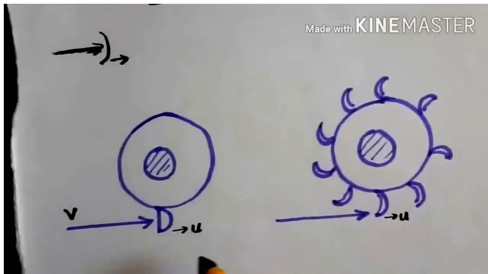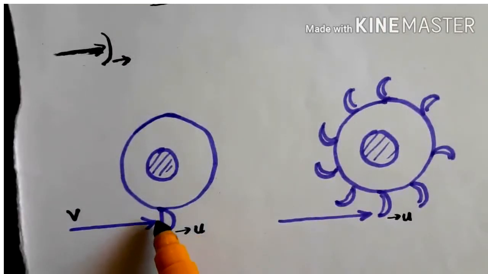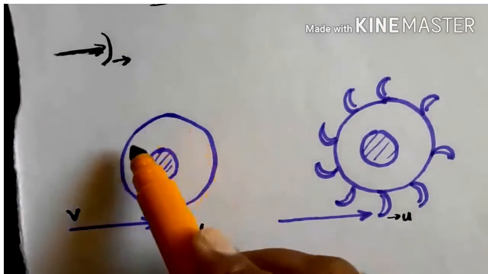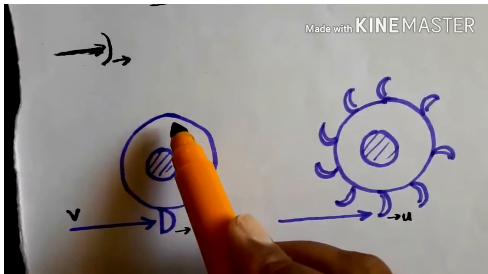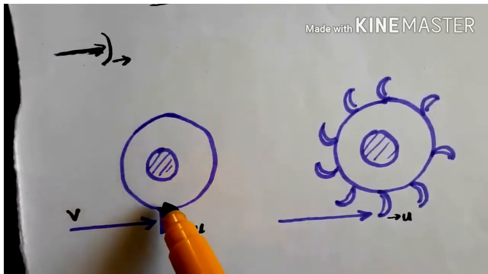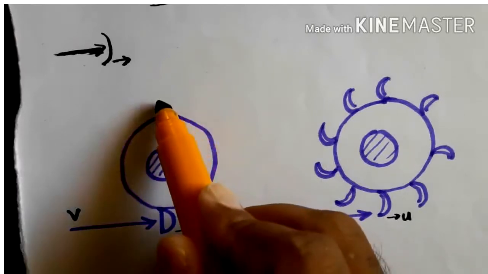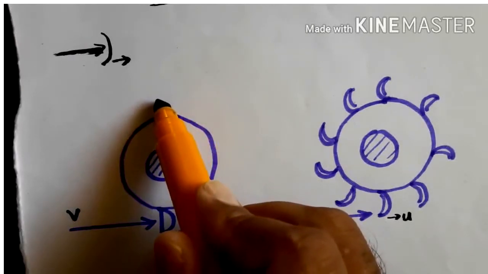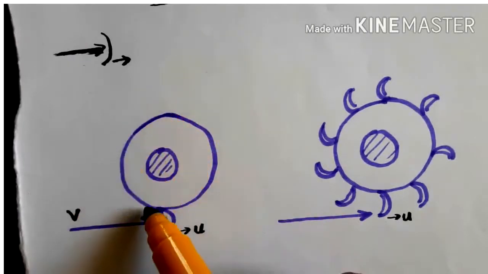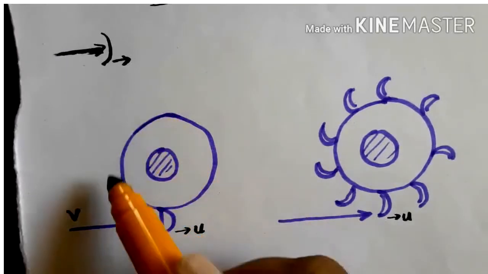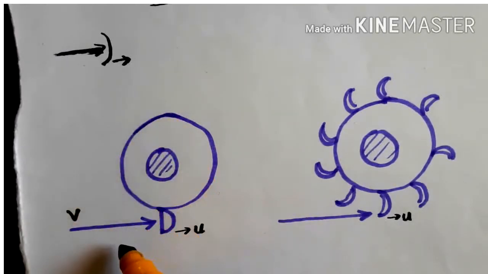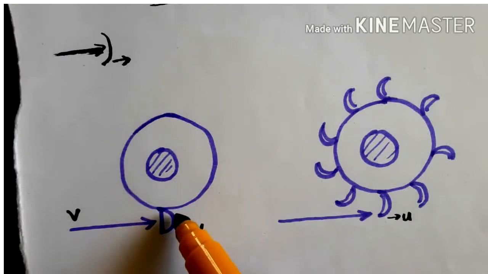But in this single vane case, there is no continuous rotation of the impeller. Once the jet strikes, it may move and come and stand over here, and it may or may not come. So in this case the efficiency of the jet will be less here. We cannot achieve the required one.